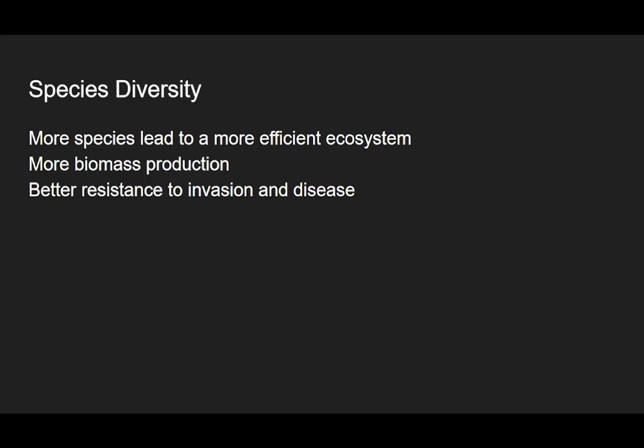Now, species diversity: more species lead to a more efficient ecosystem, more biomass production, and better resistance to invasion and disease. Now, all of this you probably learned in grade 9 and 10, but I'm going to talk about it more. Basically, if you have more species, you're going to be able to get more food sources.